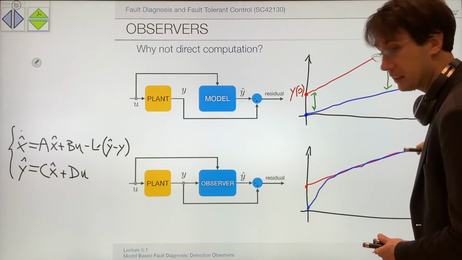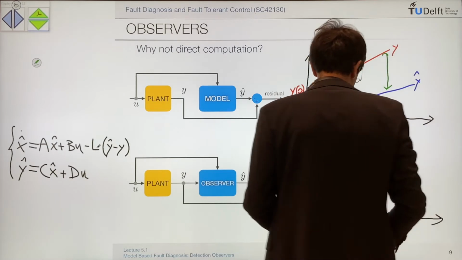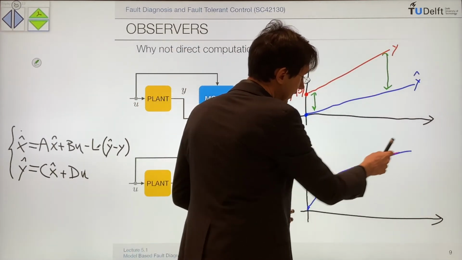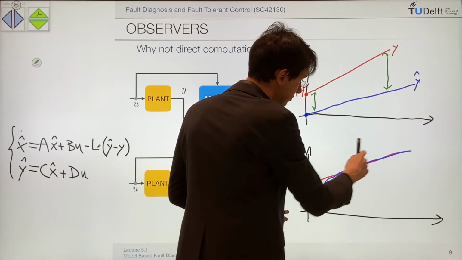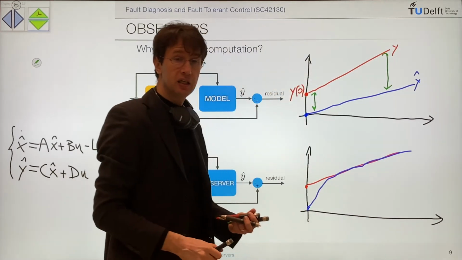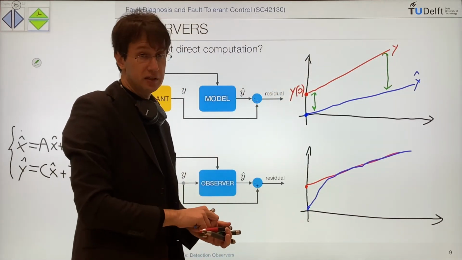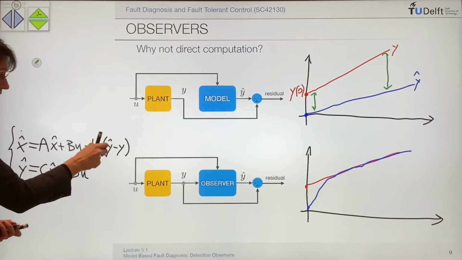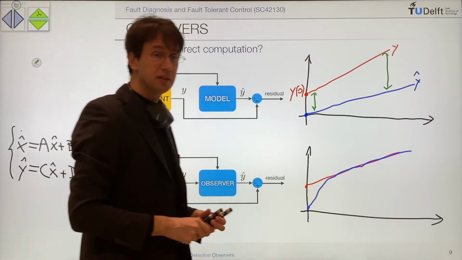Of course, this is not exactly the same, otherwise there would be no point. You can just take the measurements. So the difference is in the noise. The observer is basically low-pass filtering the measurement noise and the uncertainty in the model. So this part here is implementing a filter in the end.